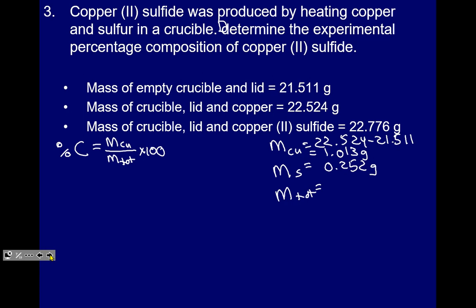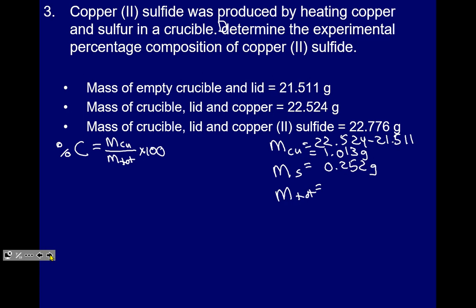Or the crucible lid and copper? Yeah, that's right. That's a good way to do it. If this is crucible, lid and copper sulfide, 22.776, and I take away the crucible, lid and copper, 22.524, then I'll be left with the sulfur. That will work. That's a good number.